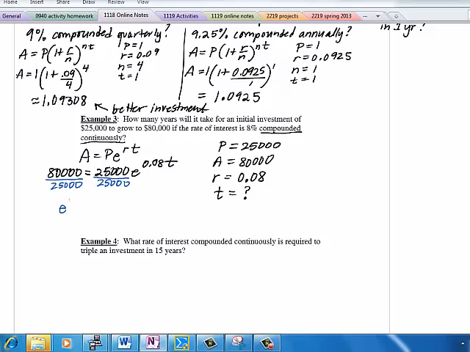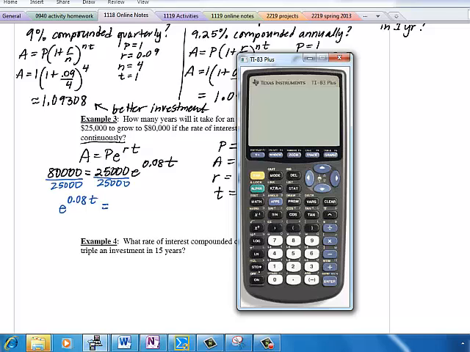And we'll have e to the 0.08t equals, we could just do 80 divided by 25, but we'll do 80,000 divided by 25,000. We get 3.2.